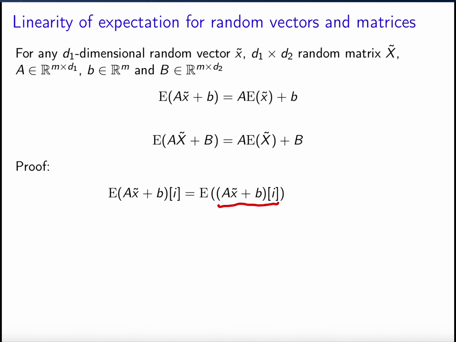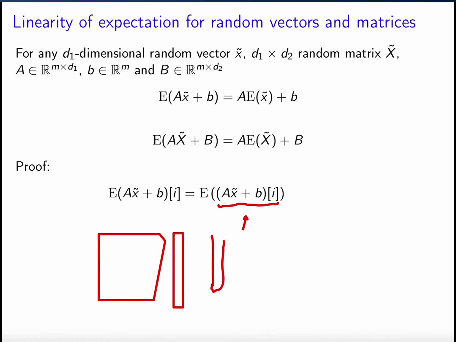Now, this random vector is basically computed as a matrix A. Actually, why don't I use straight lines, which would be more pleasant to the eye. So we have a matrix A times a vector X plus another vector B. Everything, let's assume, has the right dimensions.